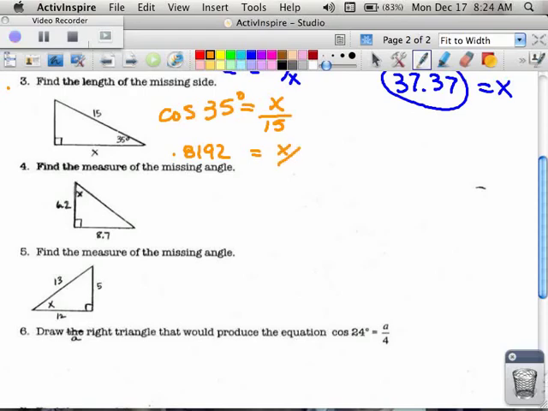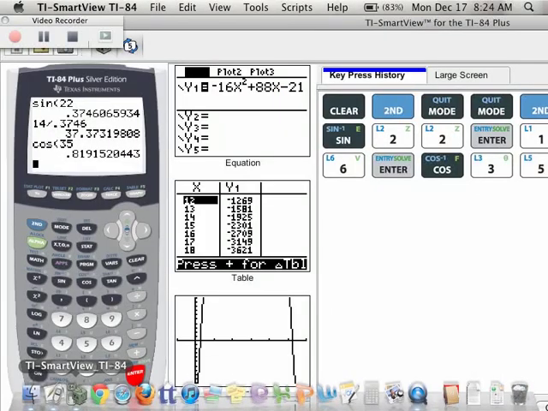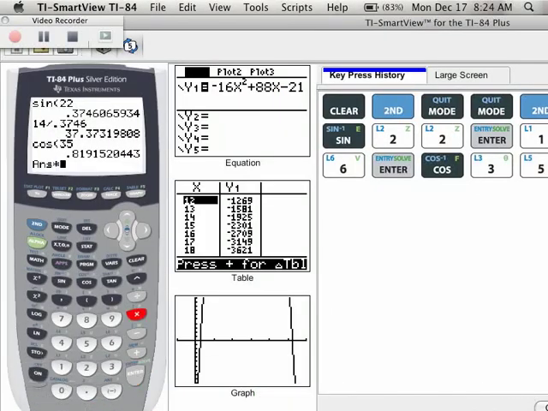That's equal to x over 15. And now if I want to find my x, since the x is in the numerator of the fraction, I'm going to take the 15 and multiply by the 0.8192. So I take that 0.8192 times, what was it? 15? And I get 12.29.